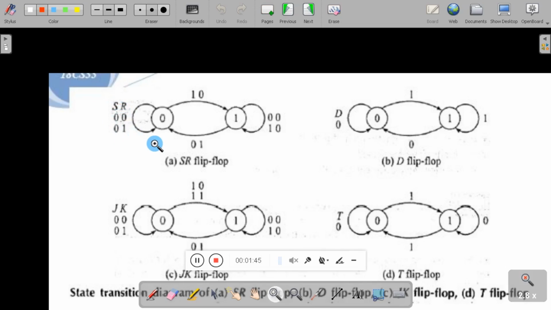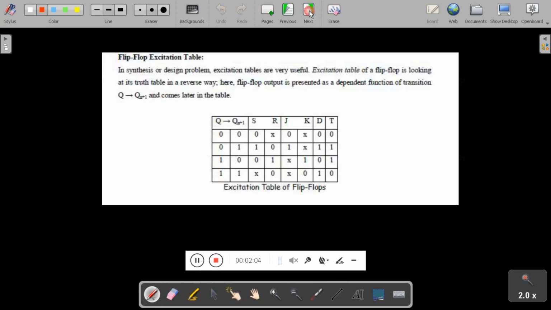That means S will remain the same, but R will vary. So R can be X, the value of X can be either 0 or 1, to move from 0 to 0 state only. So that is represented here: S is 0 and R is X.